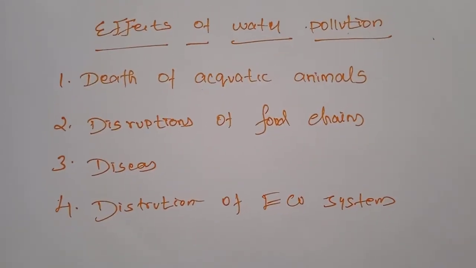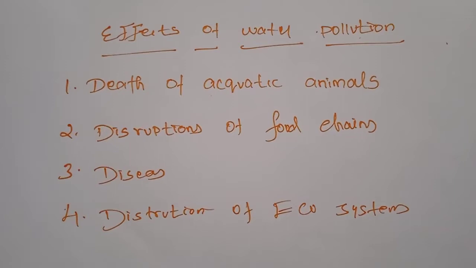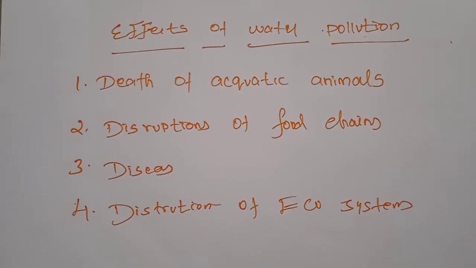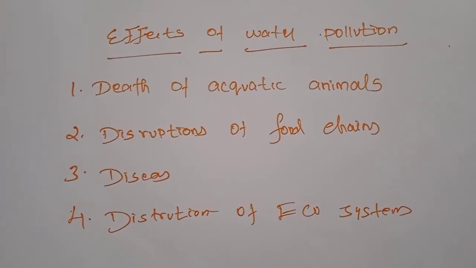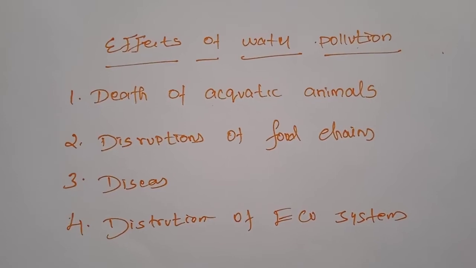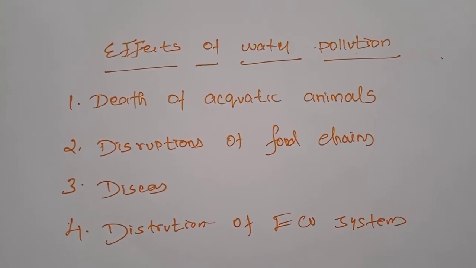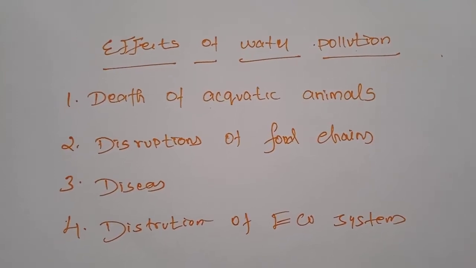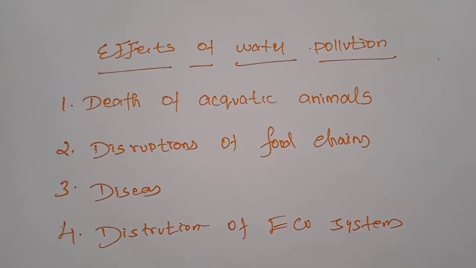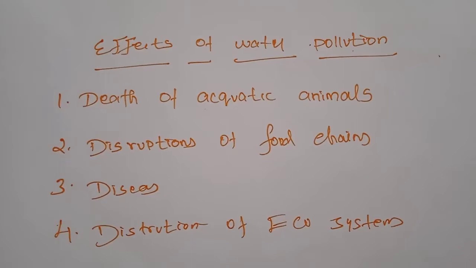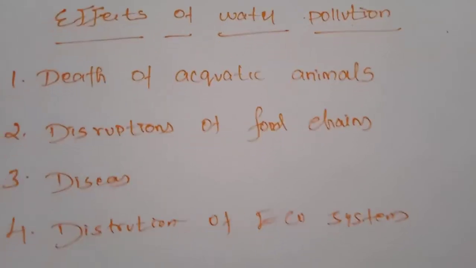Next, disruption of food chains. Pollution disrupts the natural food chains as well. Pollutants such as lead and cadmium are eaten by tiny animals. Later, these animals are consumed by fish, and the food chain is disrupted at all higher levels.